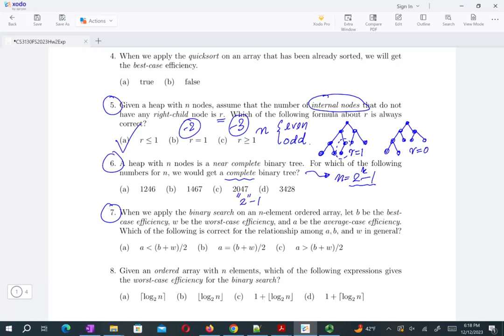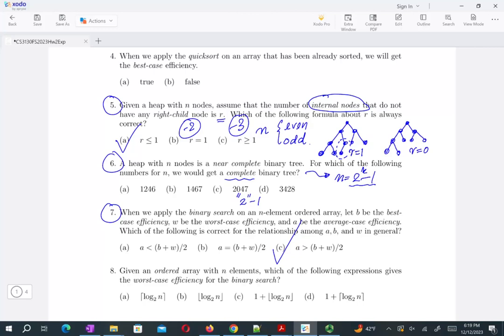Number 7. The correct answer is C. A few students select A or B. There is one property. I talked about it in class, and I wrote an approximate formula on the notes.